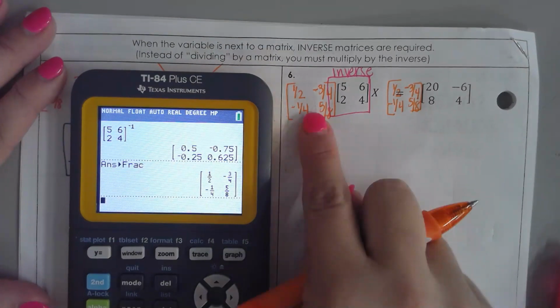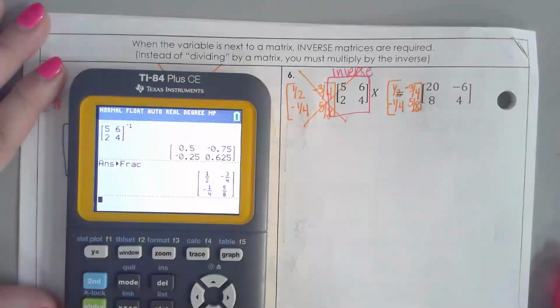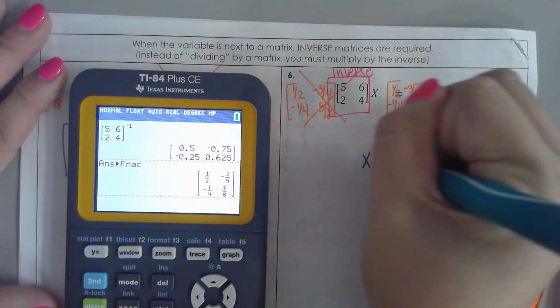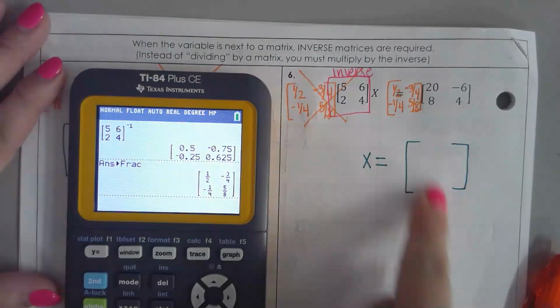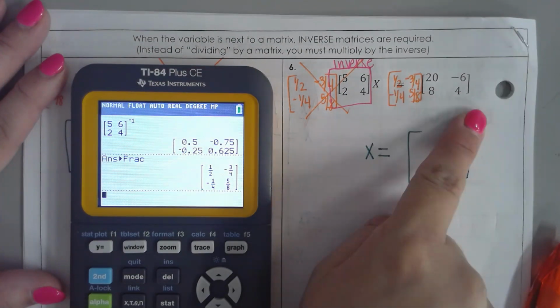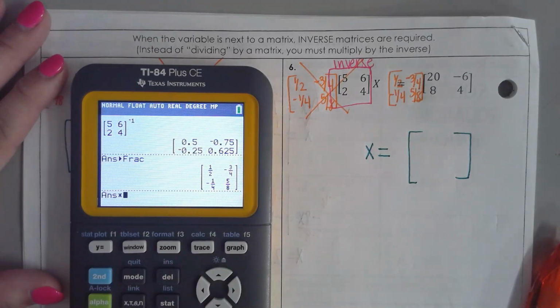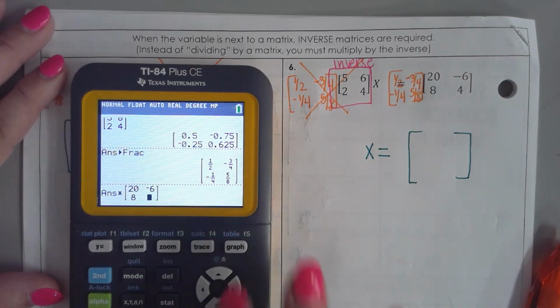So by taking a matrix and its inverse, I need to multiply these two. I have the inverse ready to go, times, hopefully I won't mess it up, 20, -6, 8, 4.